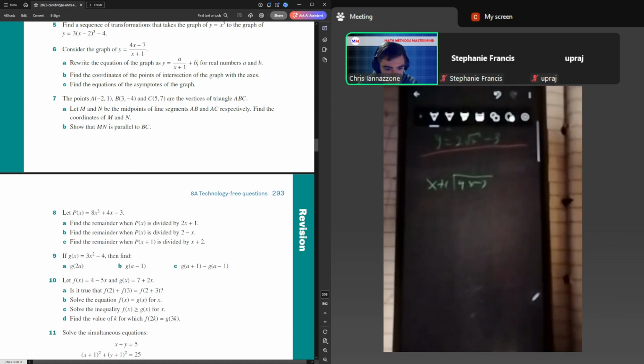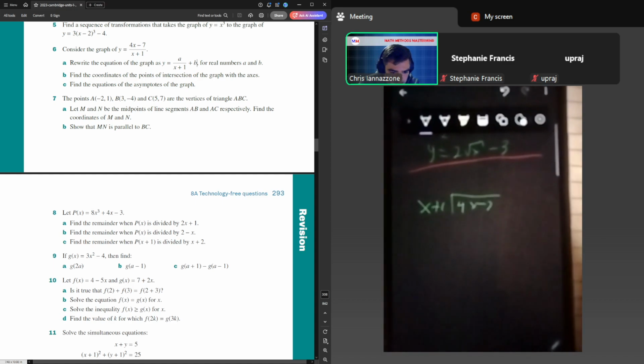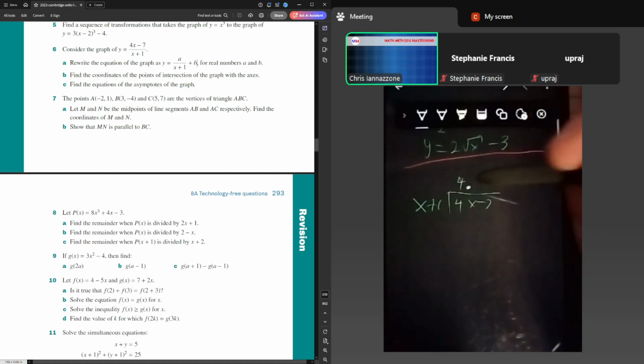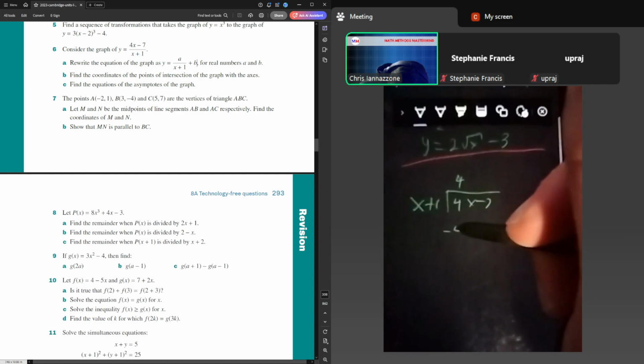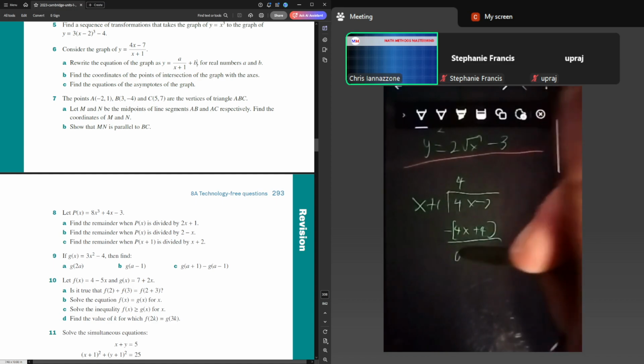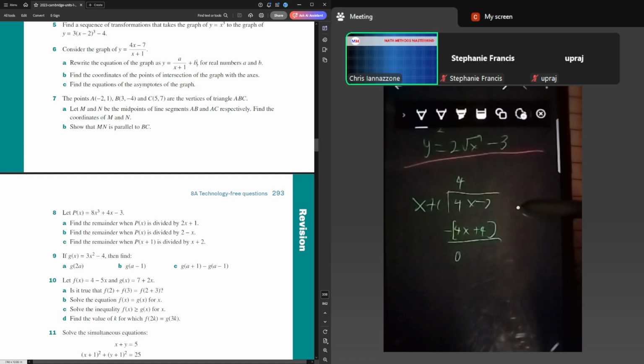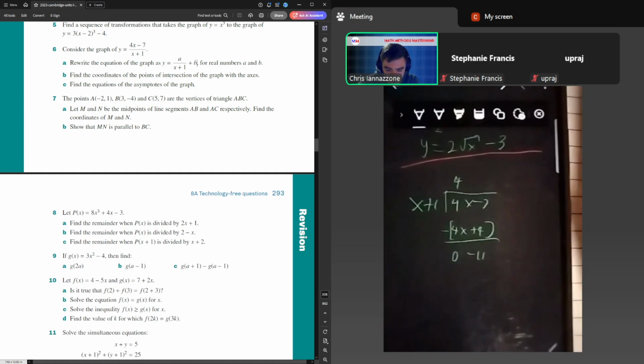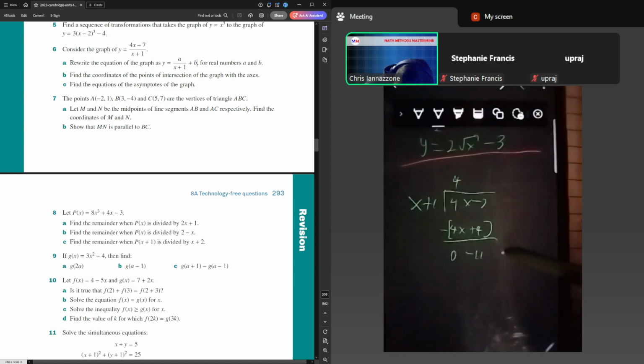This is a very quick polynomial division. You're just going to have 4 on top, minus 4x, and then 0, minus 7, minus 4, so minus 11. This is a different kind of polynomial division where you have a remainder.